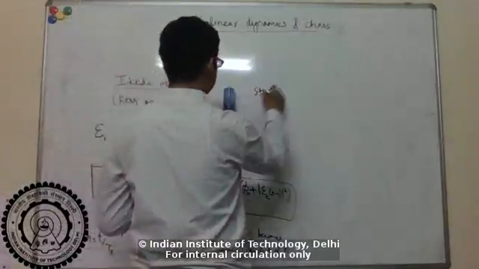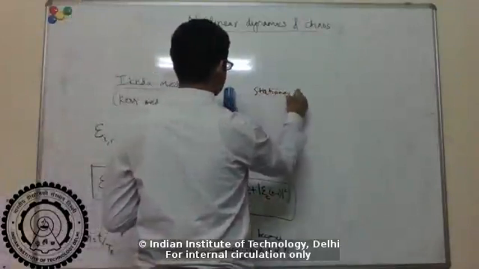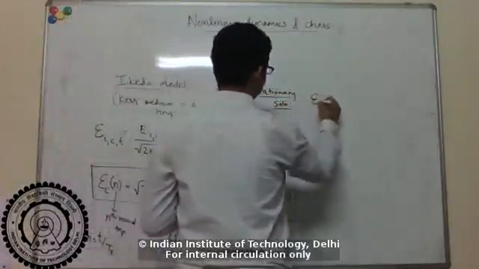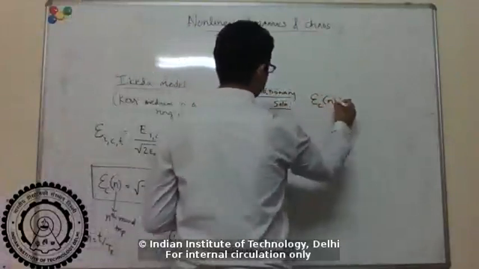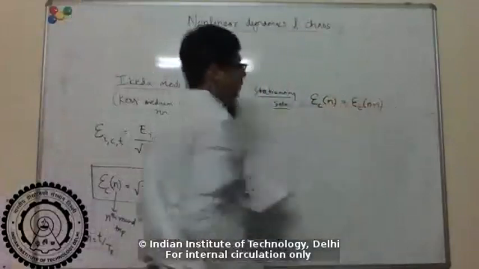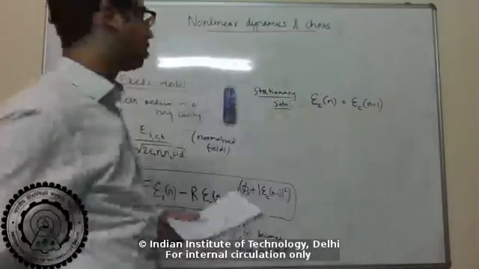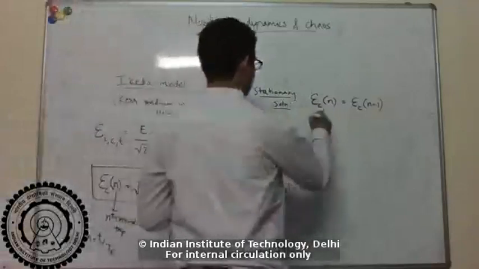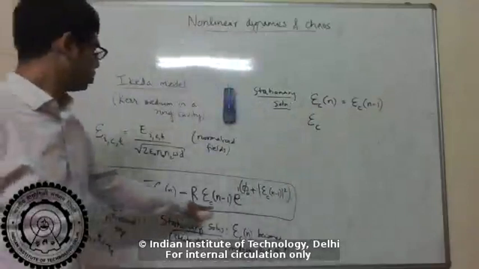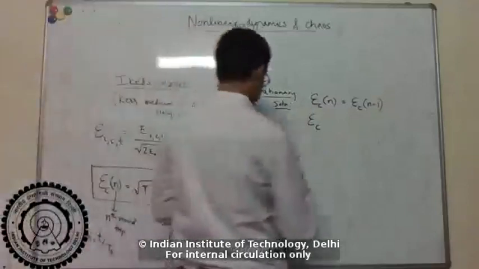So again, for stationary solutions, another way to look at it is that EC of n is equal to EC at n minus 1. It's not changing after every round trip. So in the equation here, I can just put EC of n equal to EC of n minus 1.